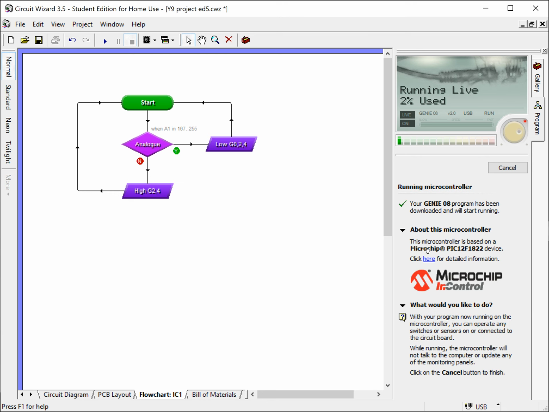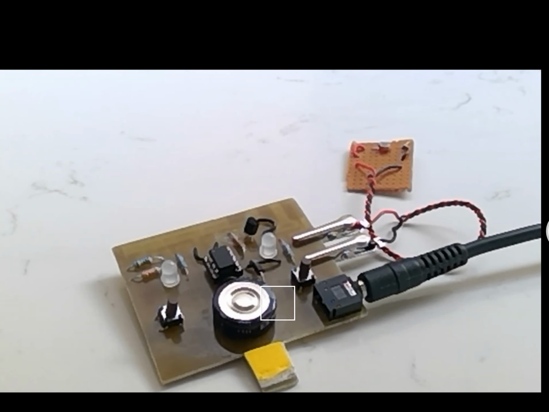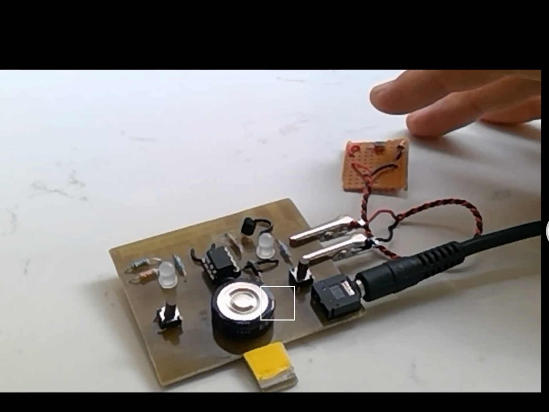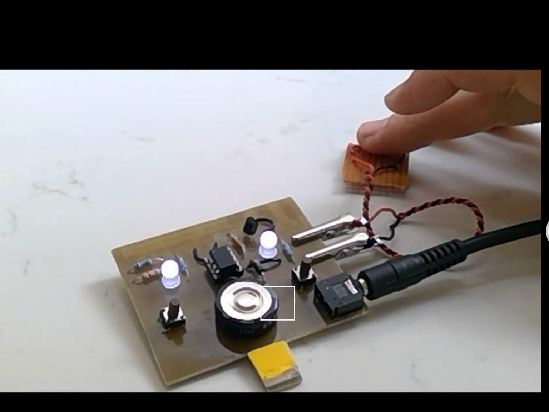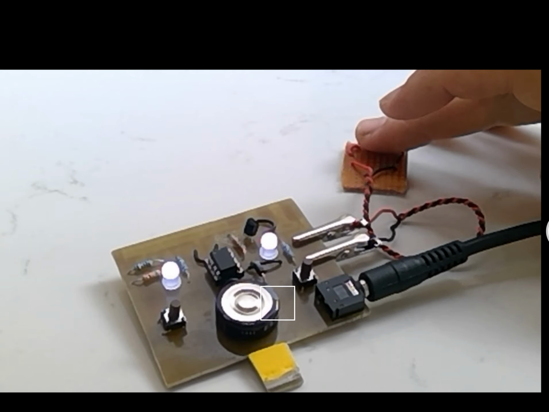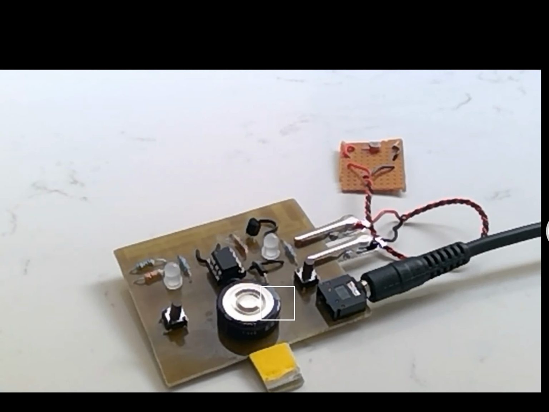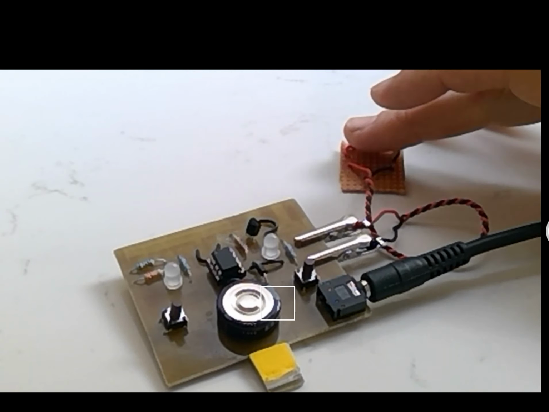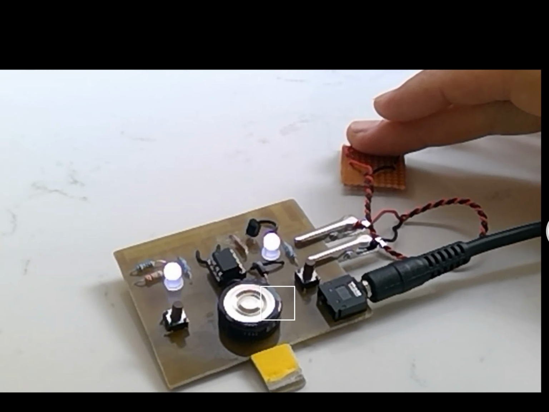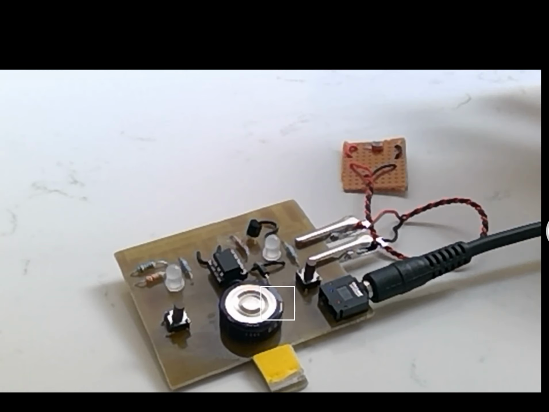Okay, let's have a look. If I put my finger over it, the light comes on when it's dark, and when it's light, it goes off. There we are. Pretty good.